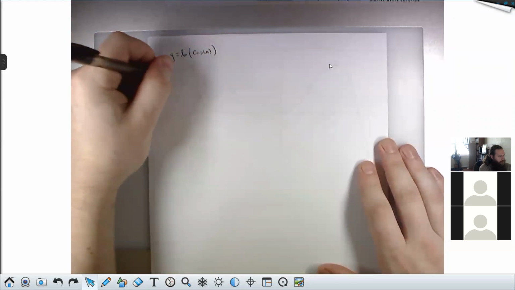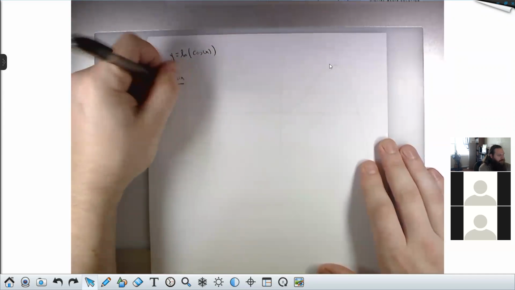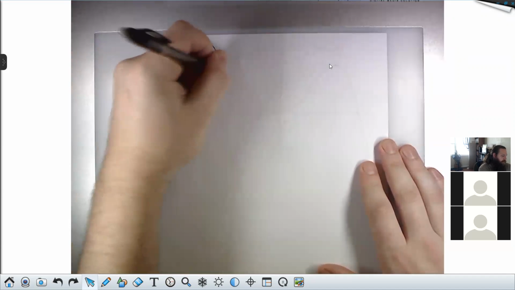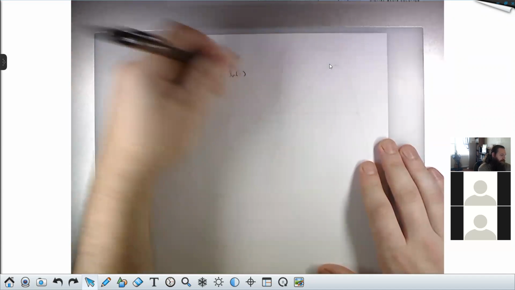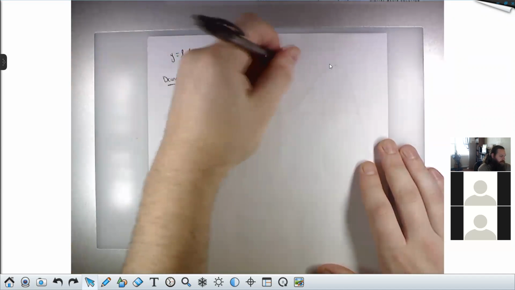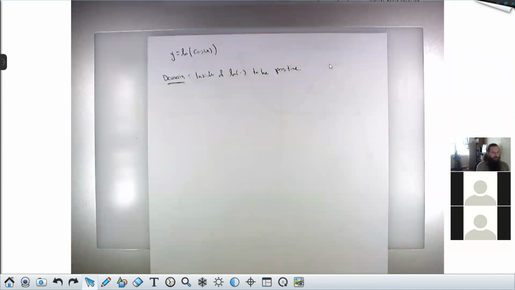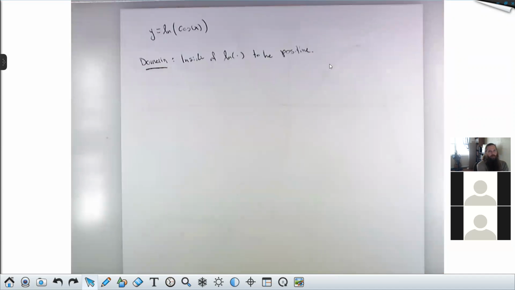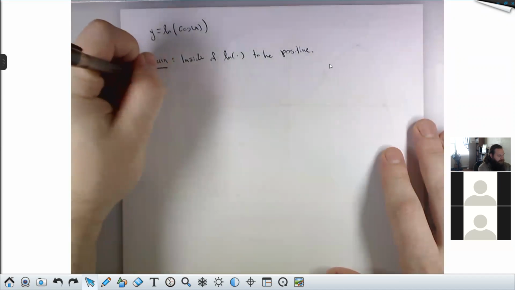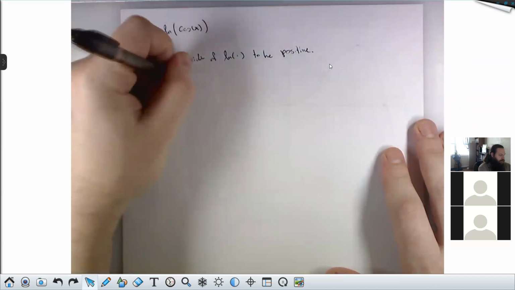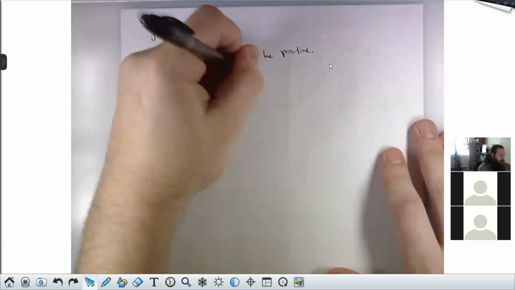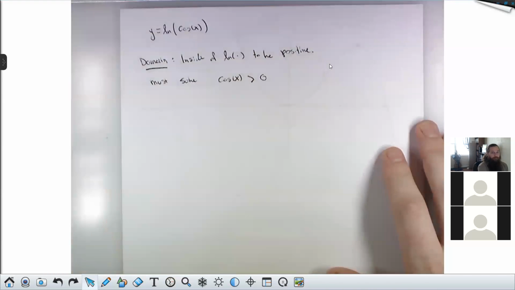if we want to find the domain for a natural log, we know we need the inside of ln to be positive, right? We cannot take the natural log of a negative number. So to find the domain here, we need to solve the inequality cos x is strictly greater than 0.